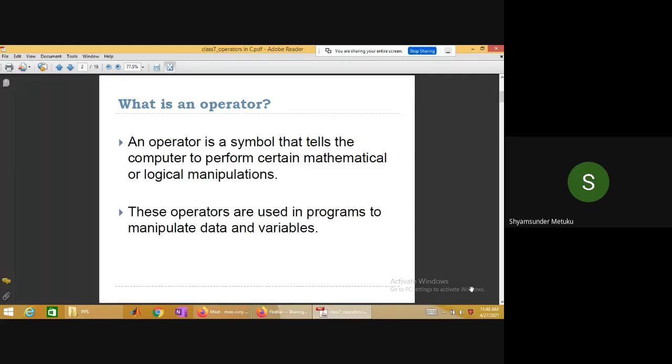But by using an addition operator, we could write the result of the summation of A and B into the variable C. It is something like modifying the garbage value with the required data. That is called manipulation, sometimes overwriting the existing data, sometimes defining the data of some expression.